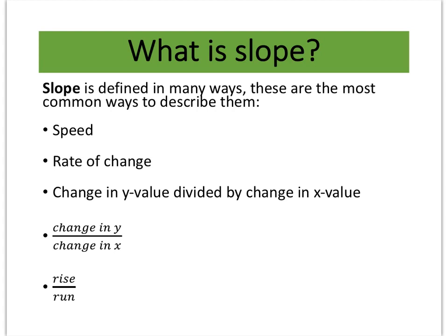The change in y divided by the change in x. And we can see that in this mathy form, the change in y divided by the change in x. And sometimes in math class, you'll see your teacher write it as change in y over change in x, and that's okay. The little triangle is called a delta, and it just means change in y divided by change in x.